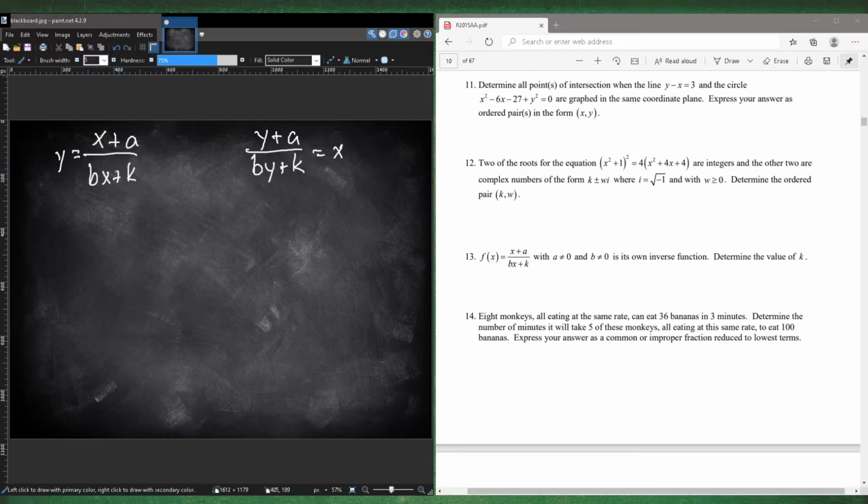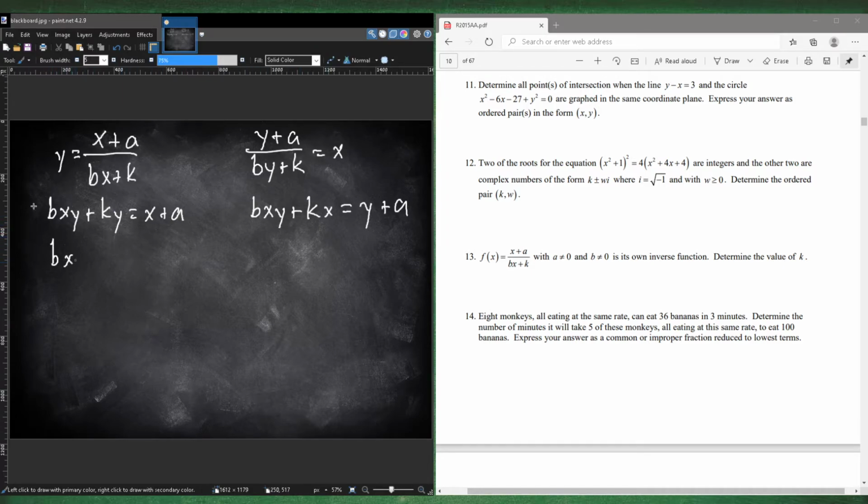So just multiply the denominator to the other side, so that's bxy plus ky equals x plus a, and then we have bxy plus kx equals y plus a. So basically, we have these two equations. I'm just going to put the second one on the bottom here.